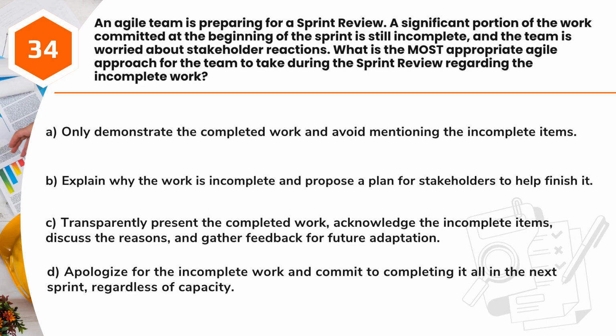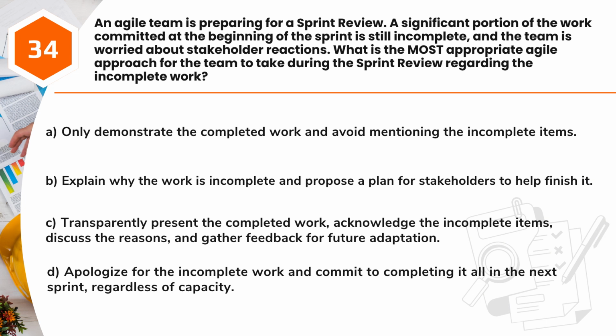Question 34. An Agile team is preparing for a sprint review. A significant portion of the work committed at the beginning of the sprint is still incomplete, and the team is worried about stakeholder reactions. What is the most appropriate Agile approach for the team to take during the sprint review regarding the incomplete work? A. Only demonstrate the completed work and avoid mentioning the incomplete items.